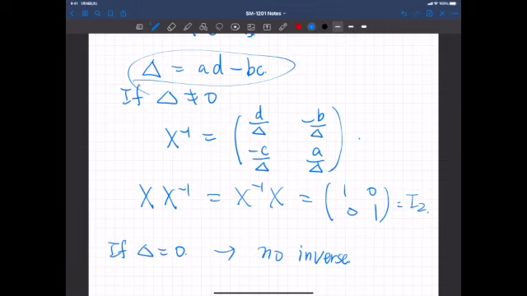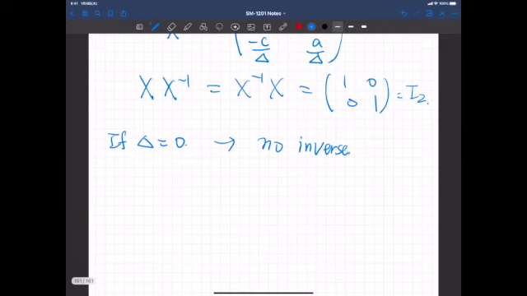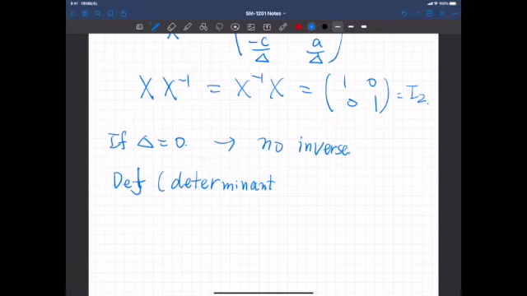So you can see that this quantity delta plays an important role in determining the inverse of a matrix. So let us give it a name. It is called the determinant of 2 by 2 matrices.